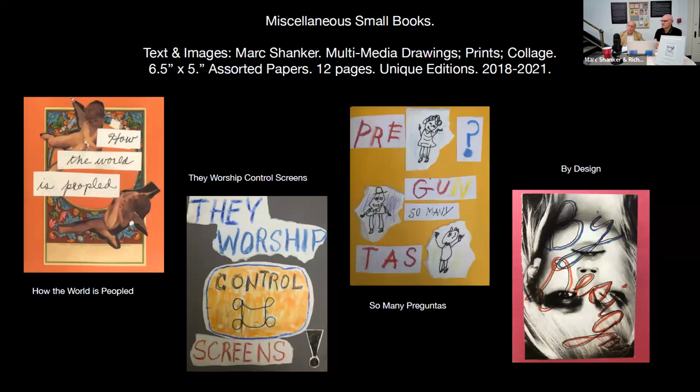The last group of books I'm going to show you are miscellaneous small books. I asked Richard to make these small books. Some of them are behind me here. And I fill them up. So they're 12 pages.